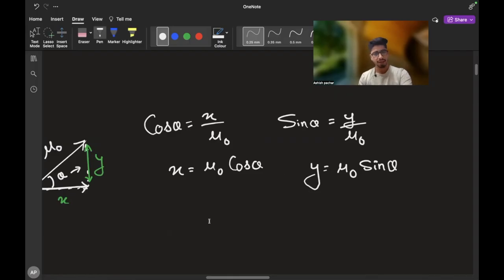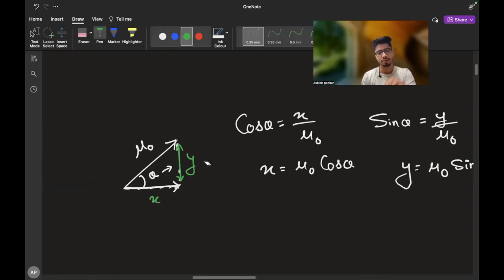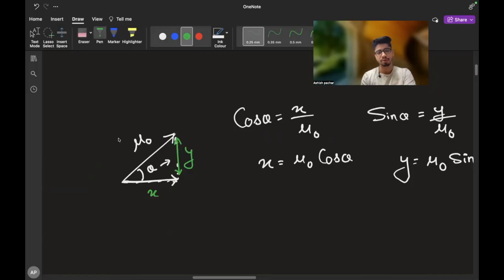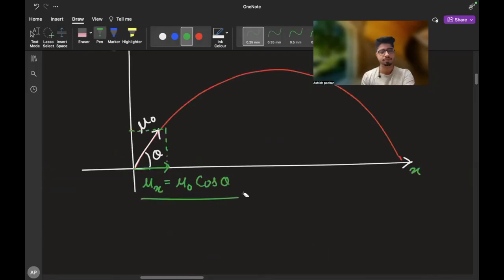So this is the basic idea. Keep in mind that the y component, which is opposite, is the u naught sine theta component. So this is the x component, and in the same way we have the y component.